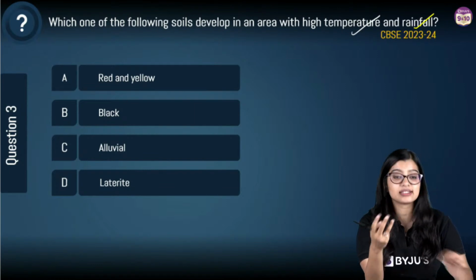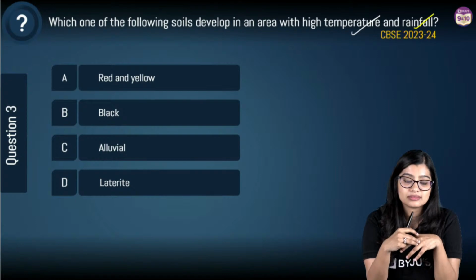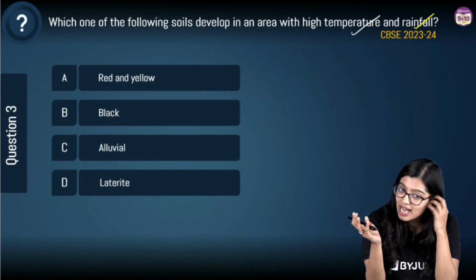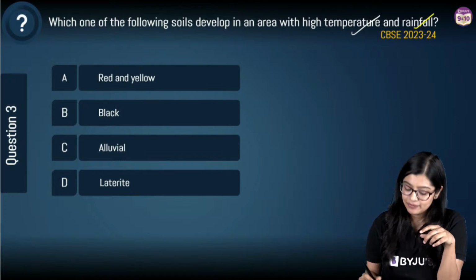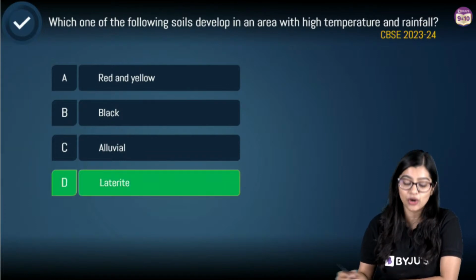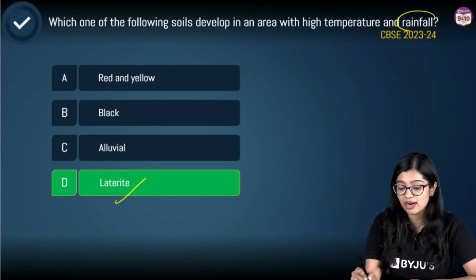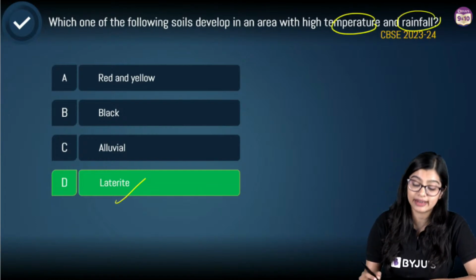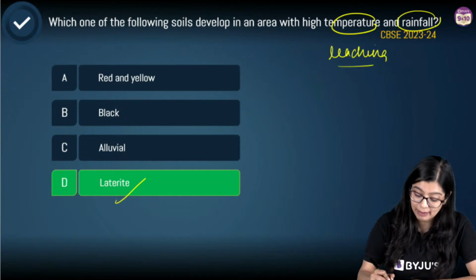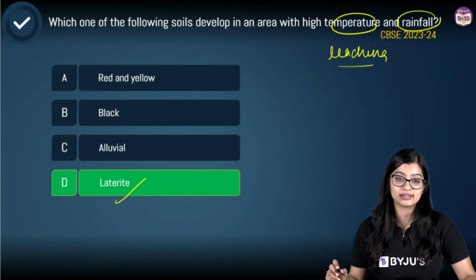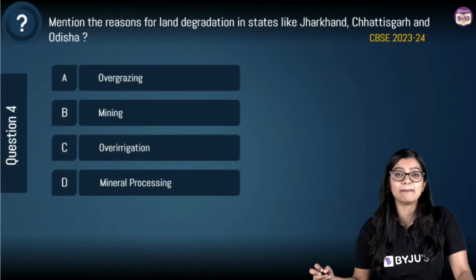I have just given you the answer for this, so you should be able to give it to me, right? Very good, all of you. The correct answer is option D, laterite. Whenever you see the words rainfall and temperature associated, you can think about the process of leaching. And based on that, you will know that the correct answer is option D. Yes? Moving on to question number 4.